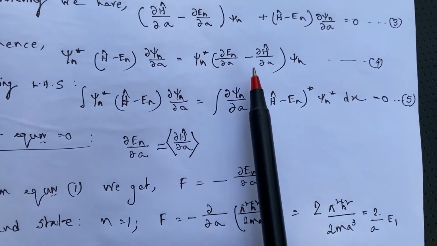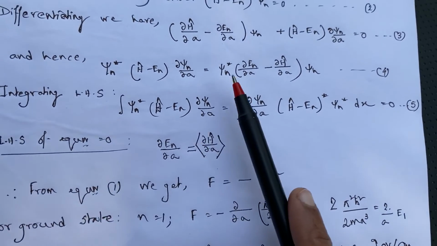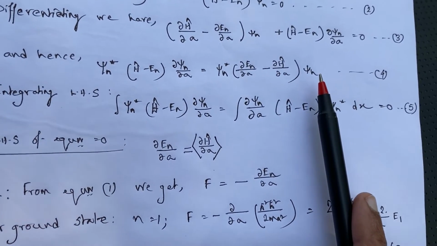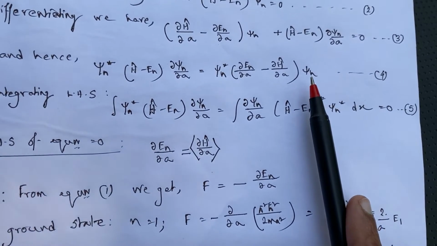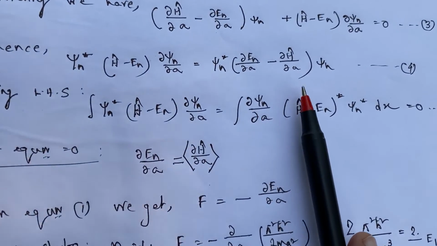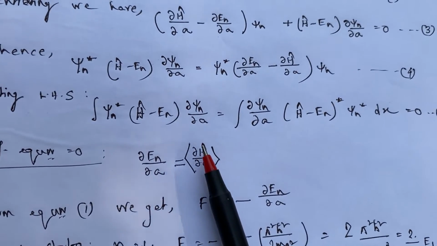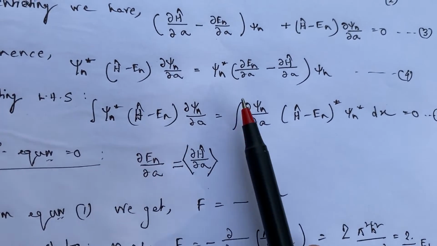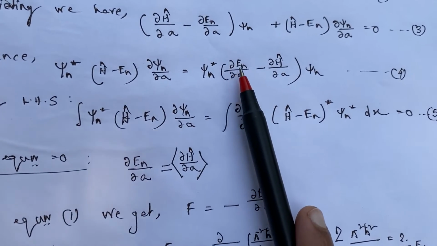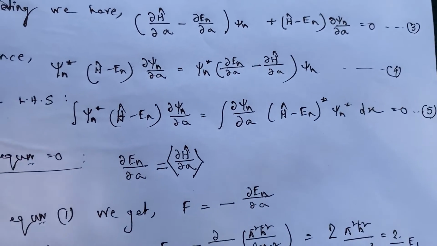So as the right hand side is equal to 0, we have this, because psi n star del A of Hamiltonian psi n is basically the expectation value of del A of the Hamiltonian in the state psi n. So this is del A of the Hamiltonian, and on the left hand side we have del A of En, because this is a scalar quantity. So this will come out, and psi n star psi n is equal to 1 because of the normalization condition.